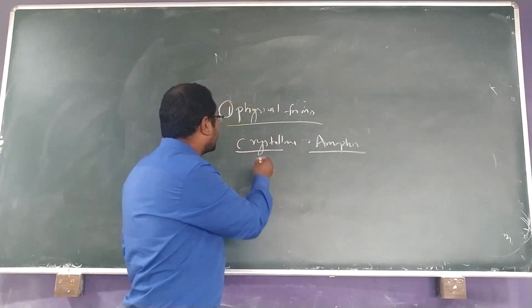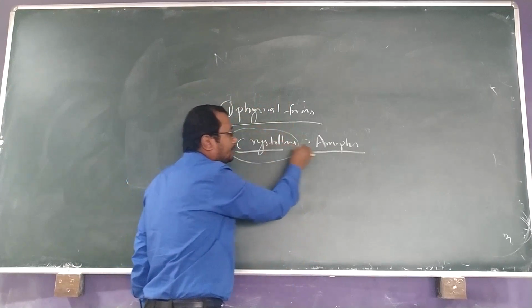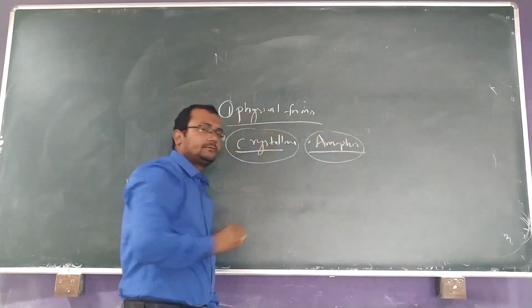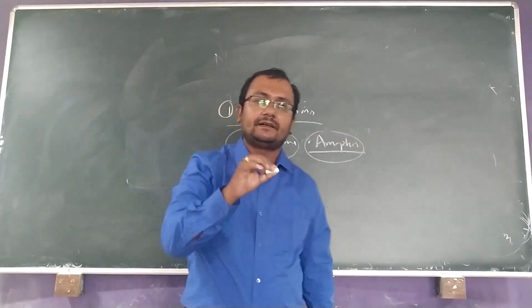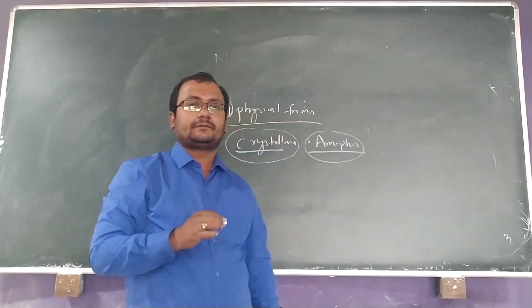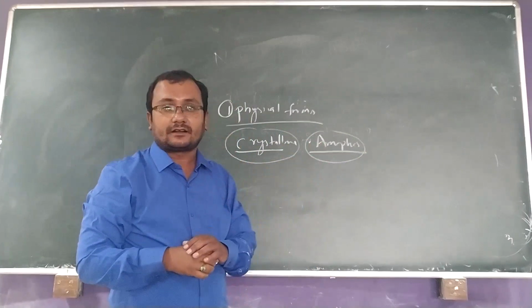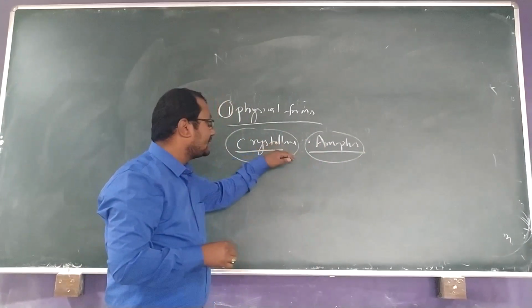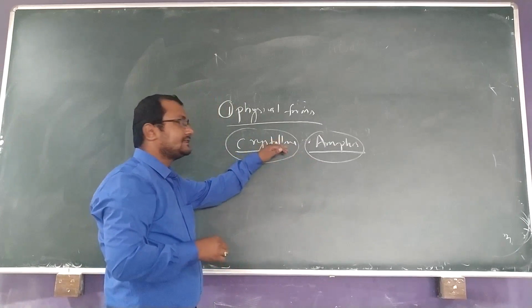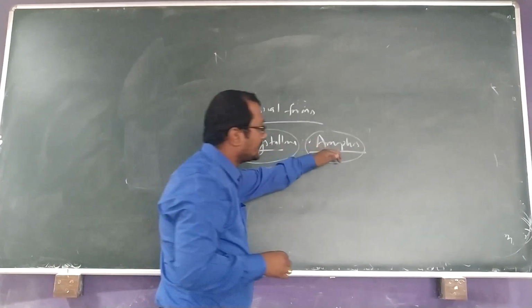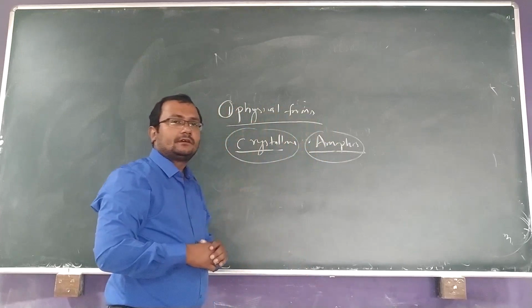These two are the most important part, as they will affect the solubility of the drugs, melting point of the drugs, and also dissolution and bioavailability of the drugs. So you have to get one idea what are the crystalline nature of the drugs and what are the amorphous type of drugs.